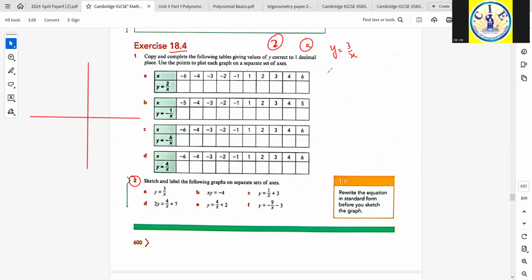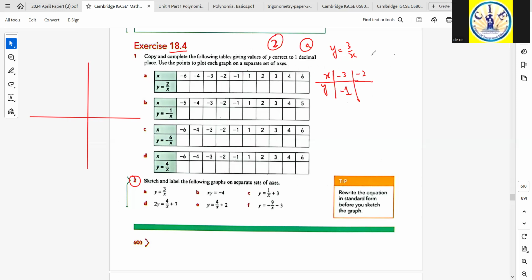Question 2, x and y. The values of x, if we have -3, the value of y is going to be -1. Then when x is -2, this is going to be 3 divided by -2.